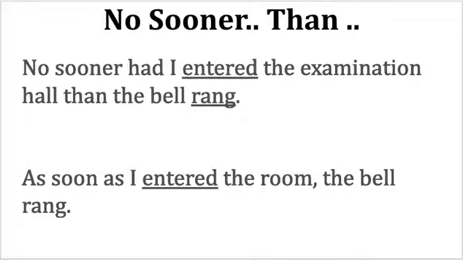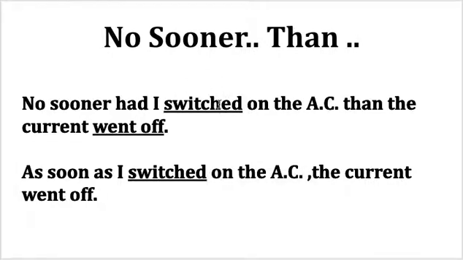"Entered" is the third form of the verb because of "had", and here the bell rang. "Rang" is the second form of the verb. As soon as I entered the room, the bell rang. Here I have used "no sooner had I" and there "as soon as", but the meaning remains the same. Next one. No sooner had I switched on the AC than the current went off.